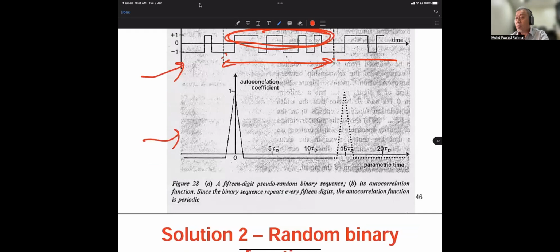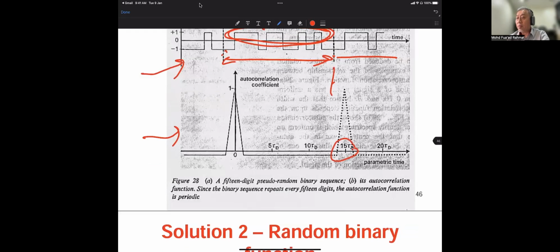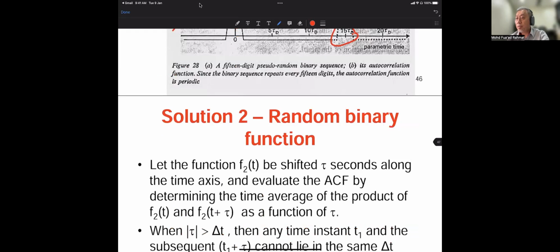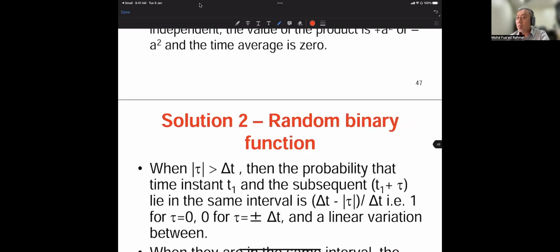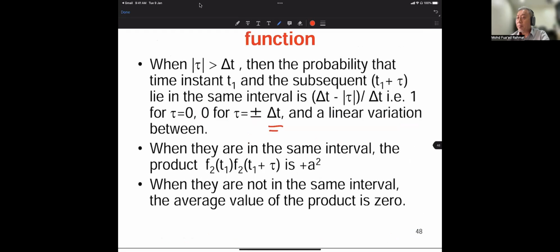You can see that the autocorrelation repeats after 15, according to the signals above. The calculation is shown here, but will be discussed in depth in chapter 2C. It involves delta t, which is the sampling time, and the time delay.